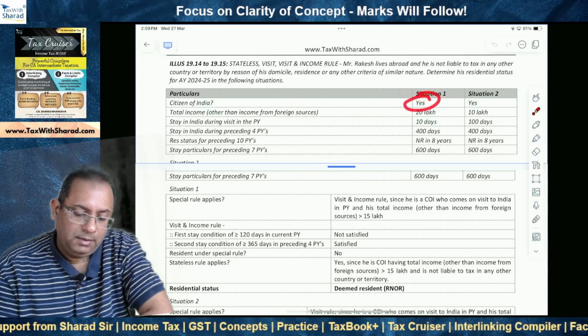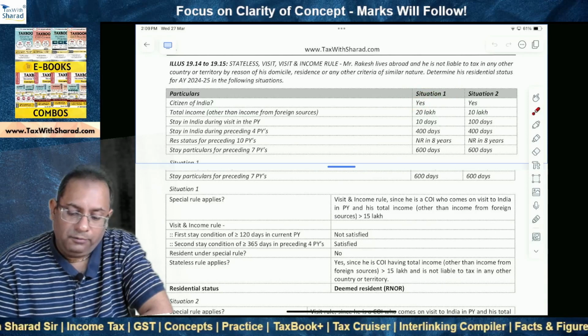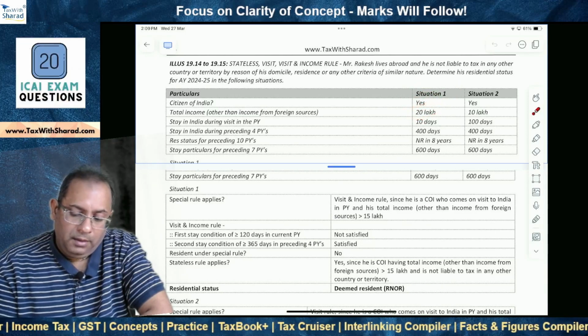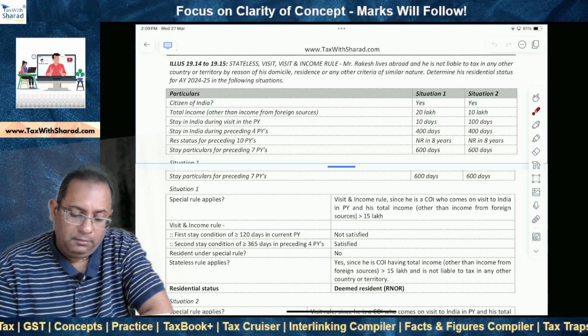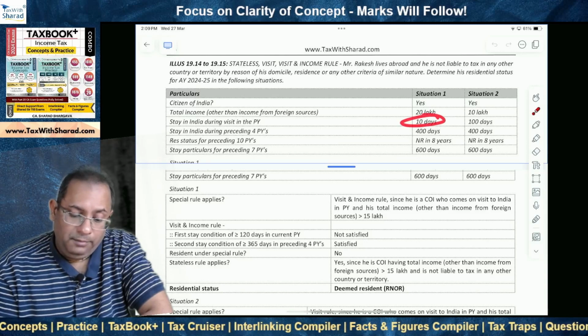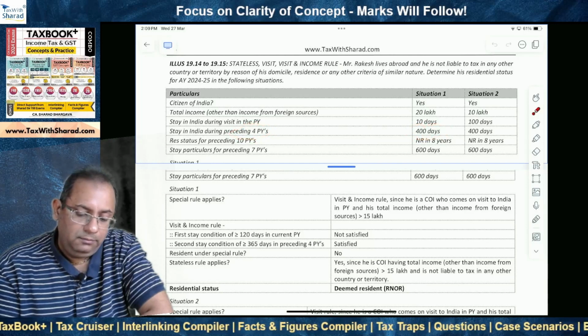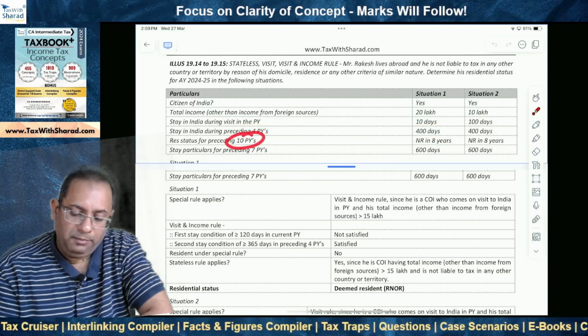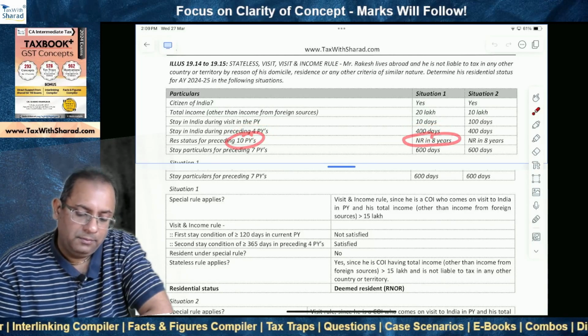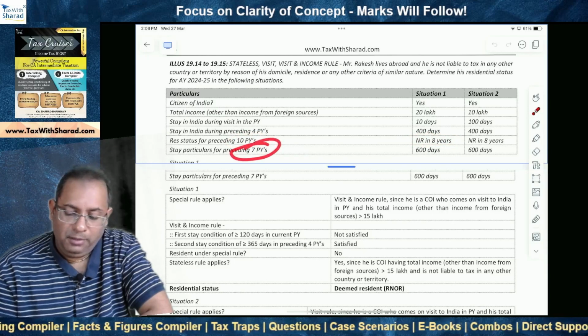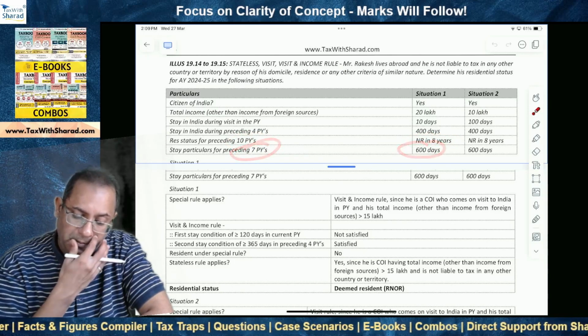Citizen of India, yes. Total income other than income from foreign sources 20 lakh. Stay in India during visit in the previous year 10 days only. Stay in the preceding 4 previous years is 400 days. Residential status for preceding 10 previous years is non-resident in 8 years. Stay particulars for preceding 7 previous years is 600 days.